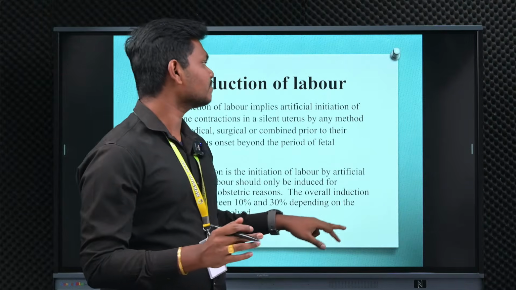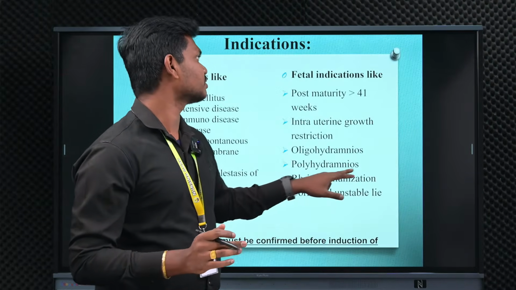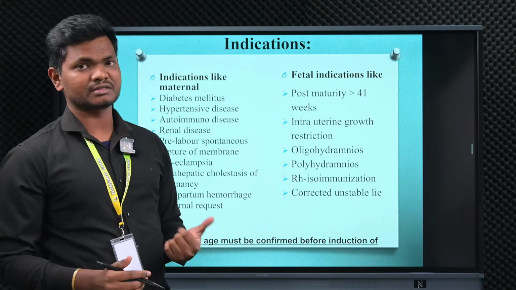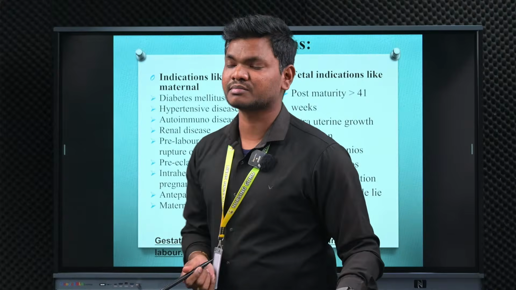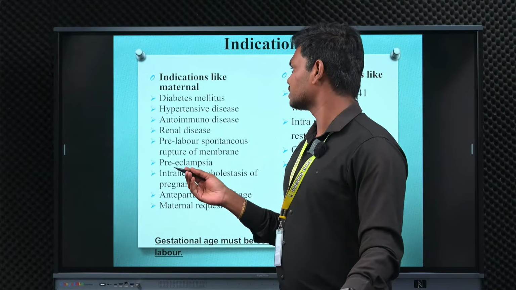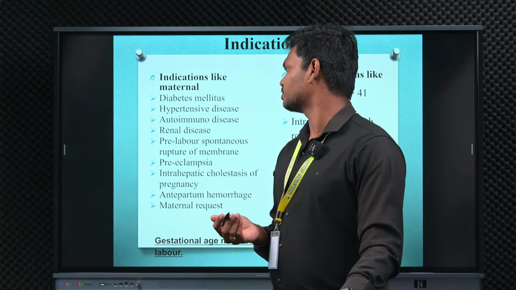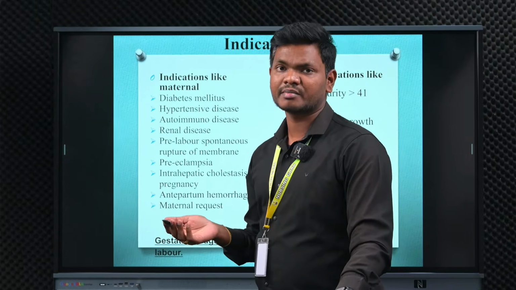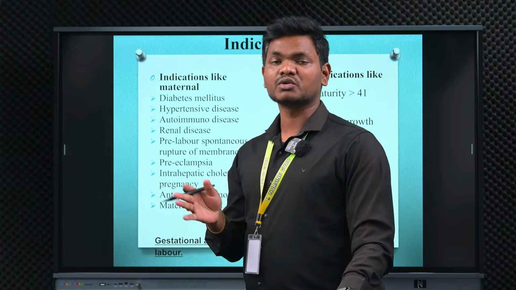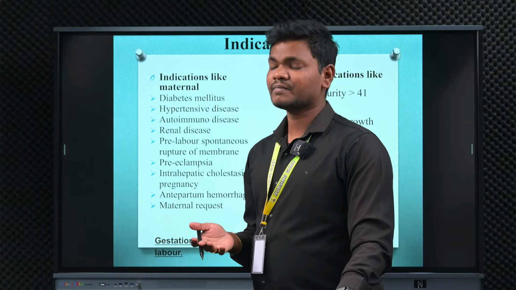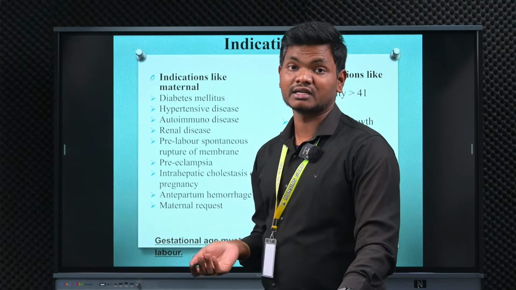So what are the indications for this procedure? The maternal indications are diabetes mellitus, hypertensive disorder, autoimmune disease, renal disease, and pre-labor spontaneous rupture of membranes. When the rupture of membranes happens and after that there is no active labor, no uterine contractions, then we can induce the labor.